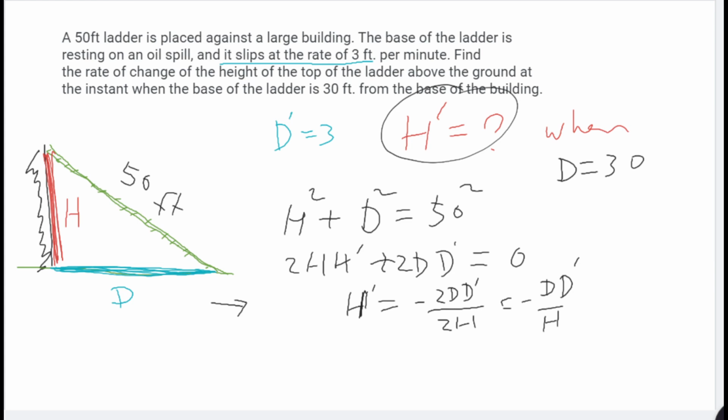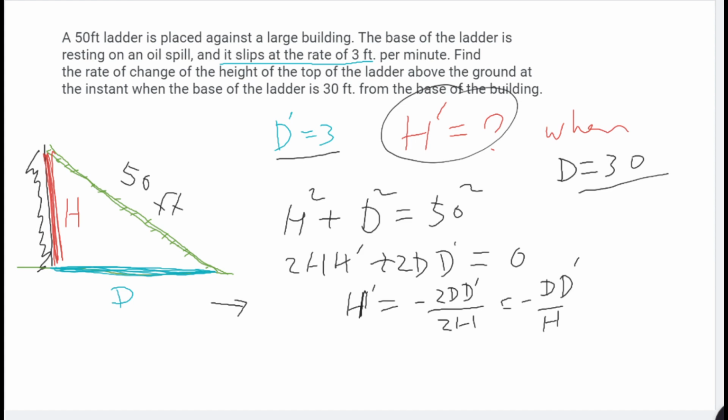Now let's calculate. We know D prime is 3. We know D is 30, because that's the moment when we are supposed to find the rate of change of H. So D is known, D is 30, D prime is 3, but we don't know H. A lot of times we need to go back to the problem to find out the needed information.